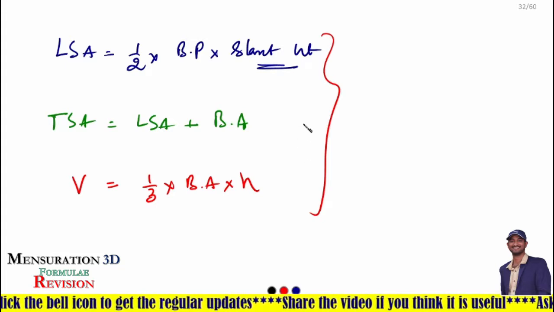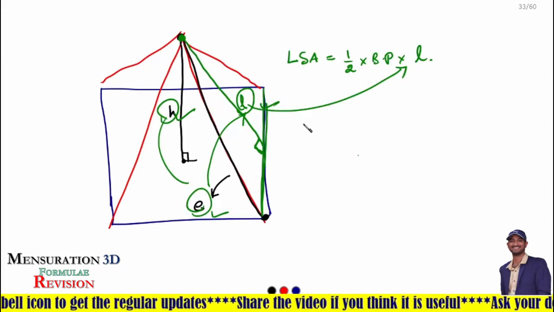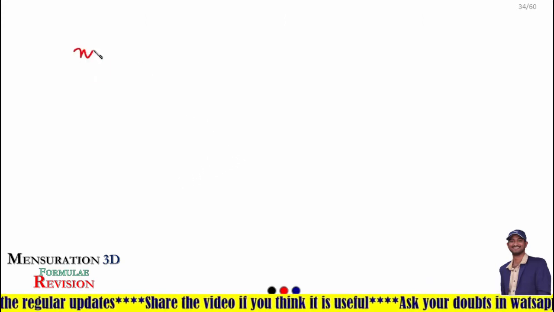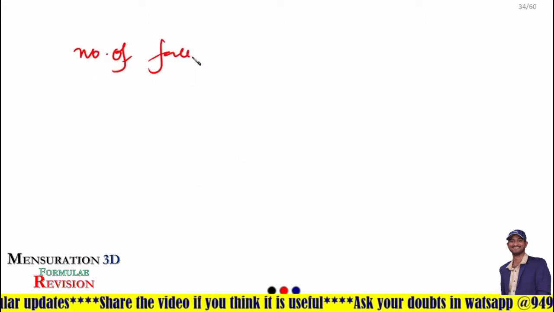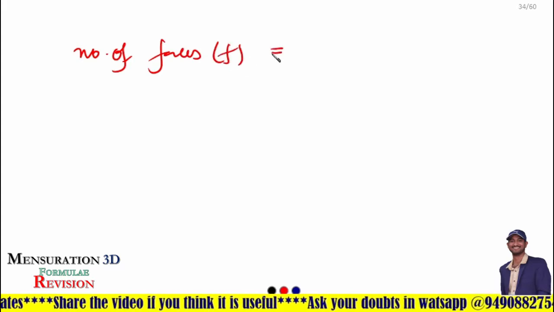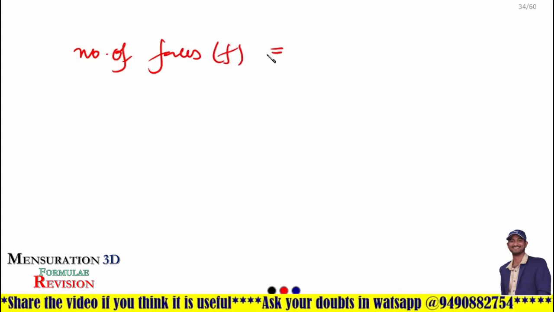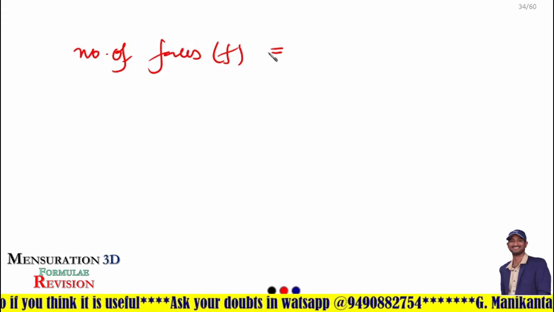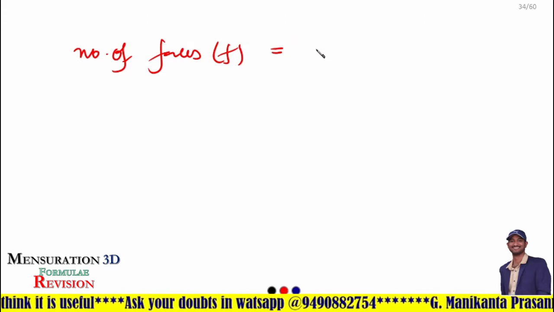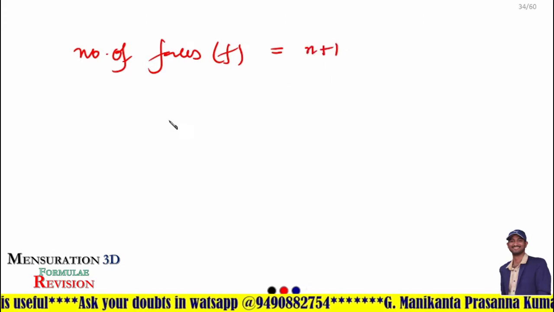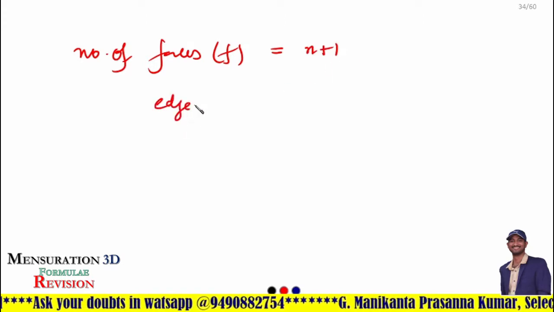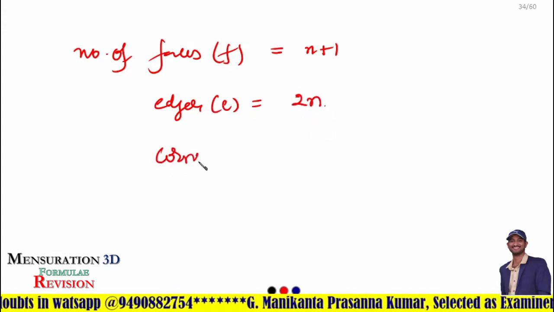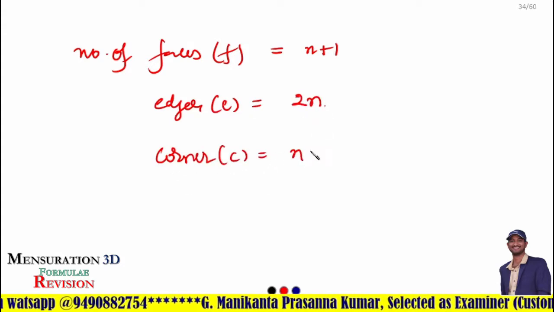Like prisms, here also we have Euler's formula, but before that we have to know individually about the number of faces, edges and corners. In any pyramid whose base polygon has n sides, the number of faces of that pyramid is n plus 1, number of edges equals 2n, and number of corners equals n plus 1.